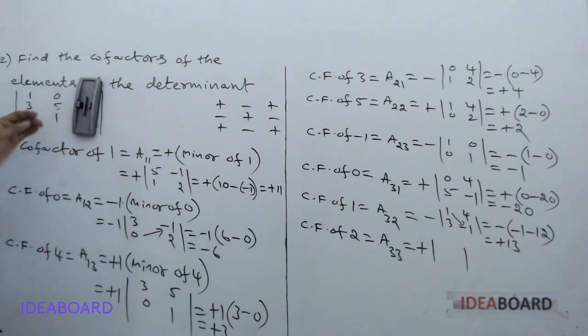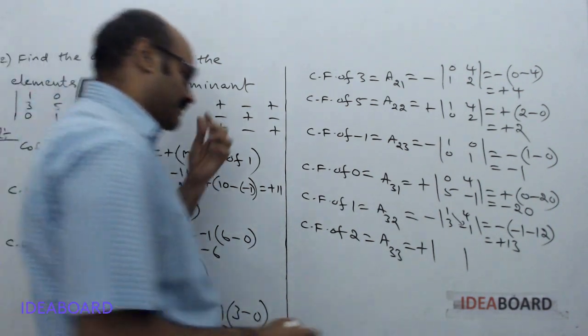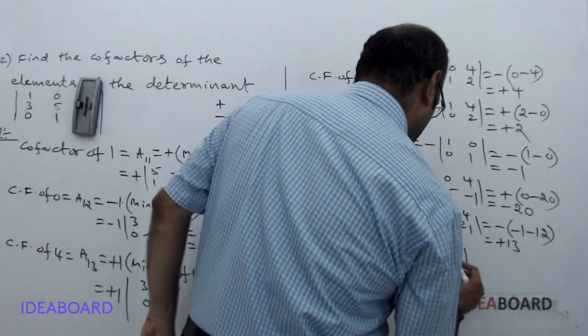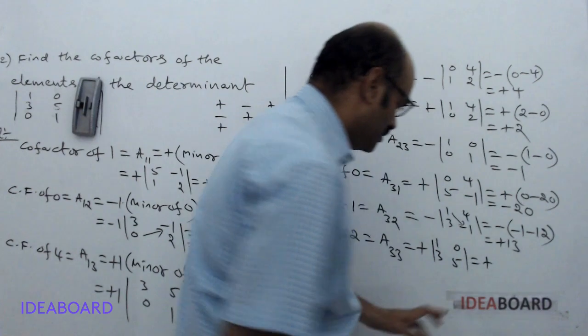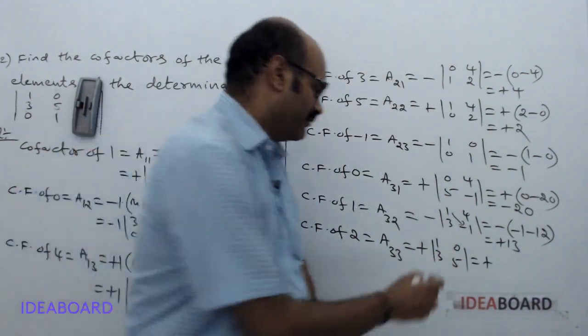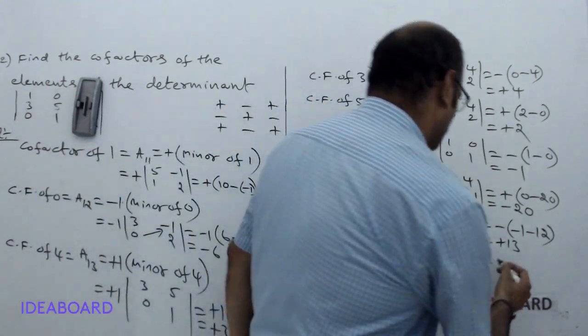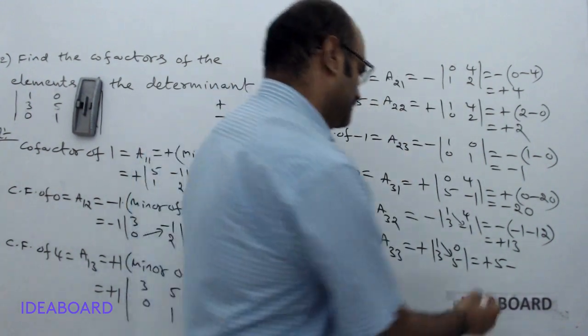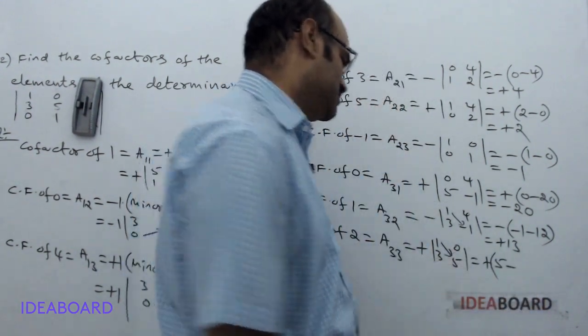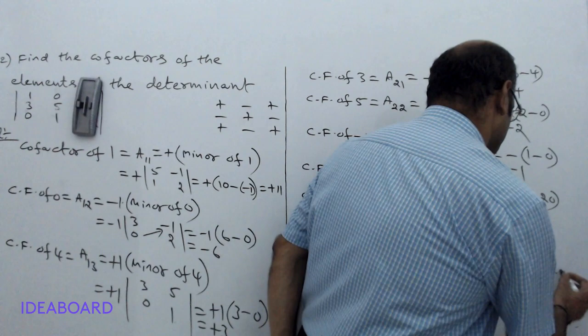So third column we should remove and third row we should remove. Then we get 1, 0, 3, 5. So equal to plus of 1 into 5, 5, minus 3 into 0, 0, so equal to plus 5.